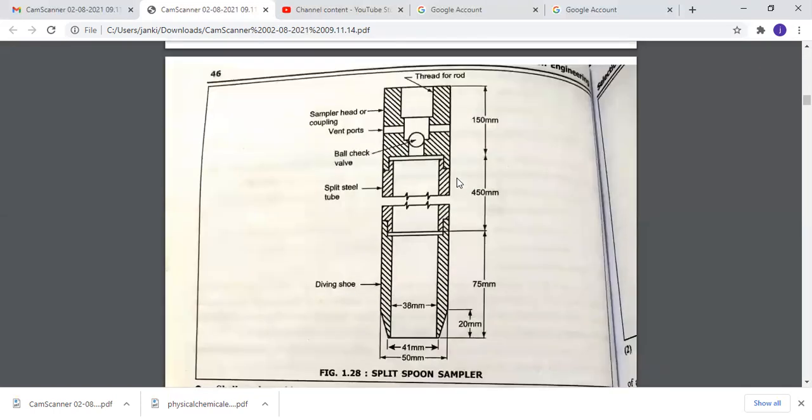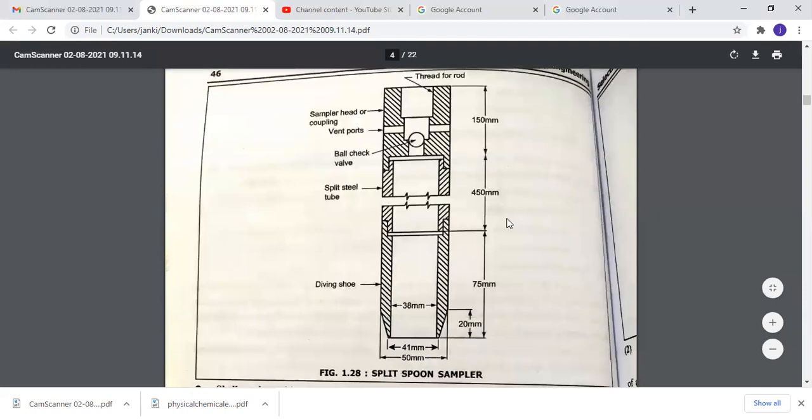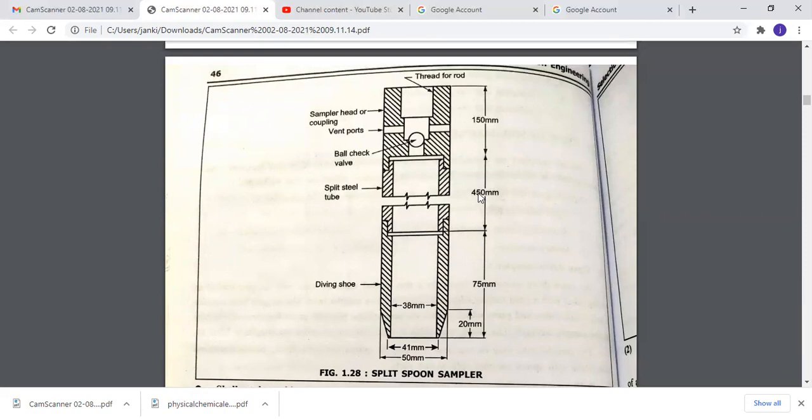Here we start with this figure, which is a split spoon sampler. This is a thick wall type open drive sampler. It basically consists of three parts. First is a steel tube, 450 long, shown in the middle part of the figure, split lengthwise in two halves.